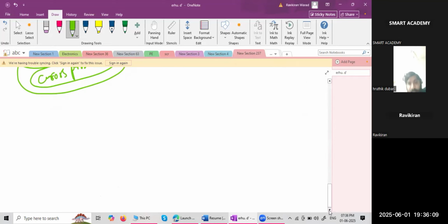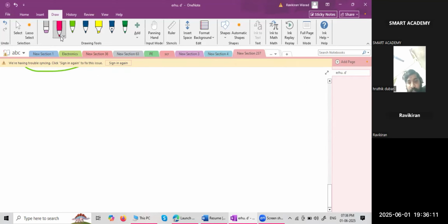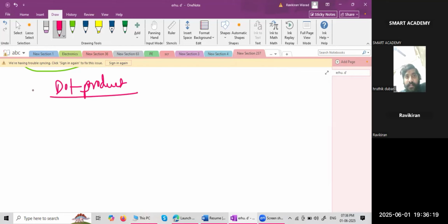First one, what is the meaning of dot product? What are the different steps we need to follow to solve problems that come under dot product? Find the dot product of given two vectors.